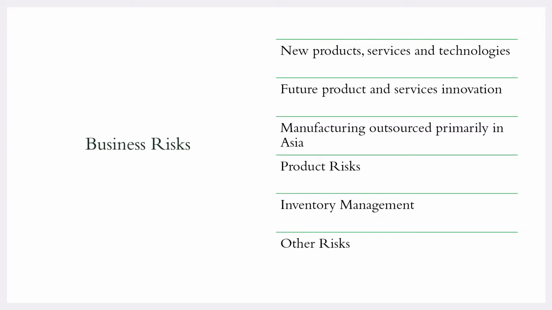Because the company's markets are volatile, competitive, and subject to rapid technology and price changes, there's a risk that Apple will forecast incorrectly, and they might order or produce too much or too little of components or products, and they might not fully utilize their firm purchase commitments that they made with their suppliers.